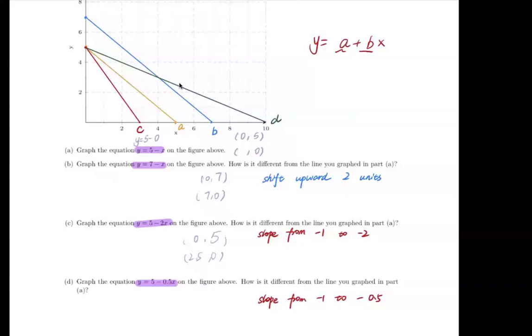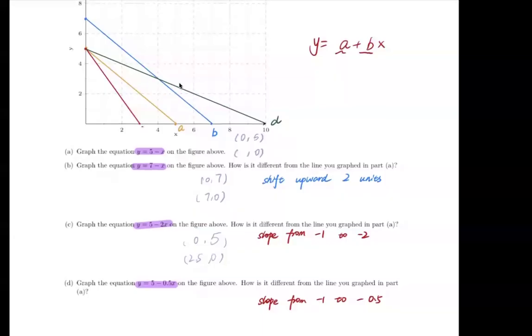And the next point, when y equals 0, you just substitute it: 0 equals 5 subtract x, right? You will get x's value is 5. So the next point is (5, 0).